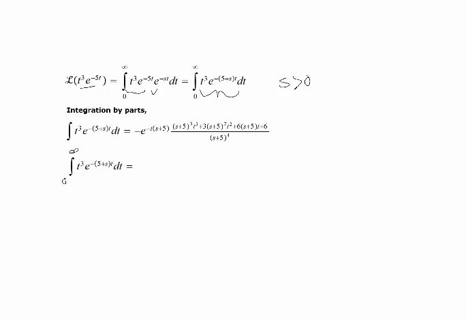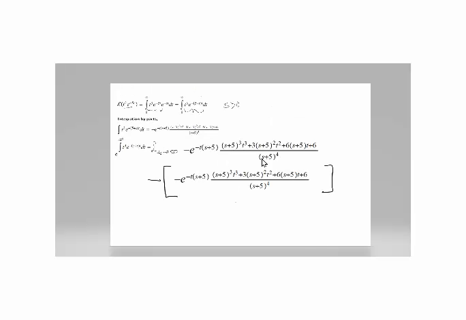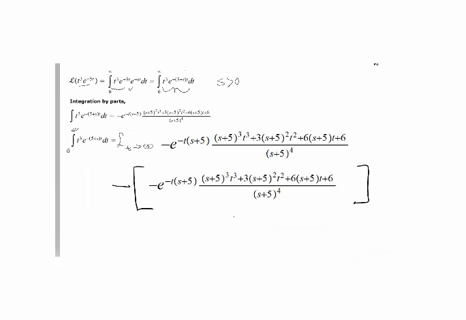So the upper limit will be the limit as t goes to infinity of this quantity, and for the lower limit we will simply have right here this quantity at t equals 0.